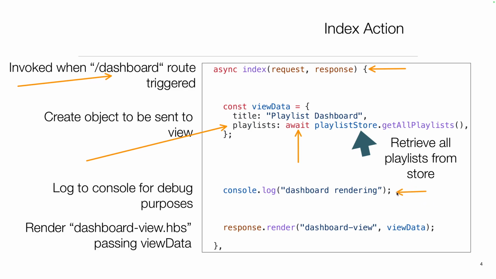So then we have a console.log. Typically, you wouldn't use console.log in a production application, and you would use a logger, but for now we're good here. And then we're rendering a specific view and passing in the view data.